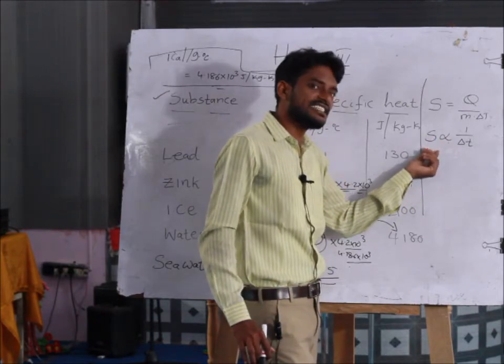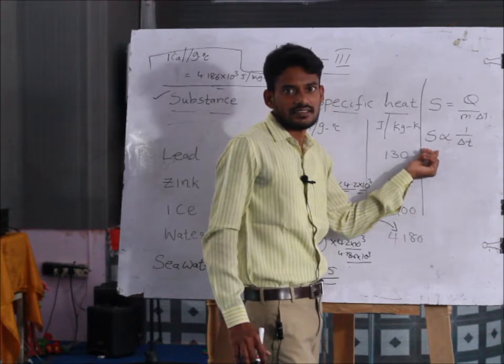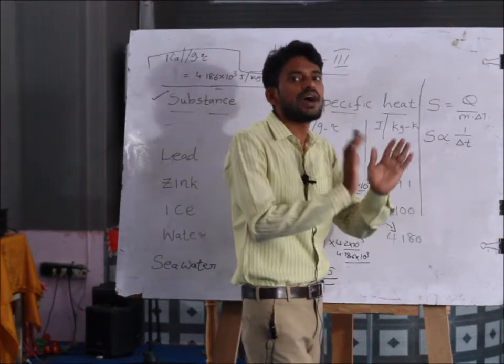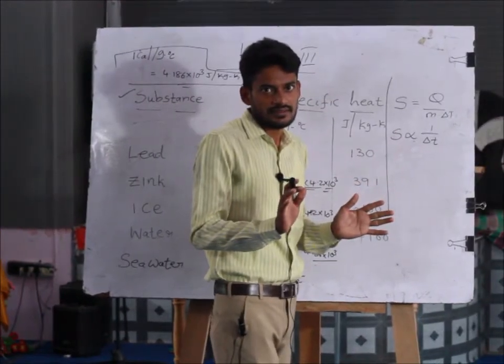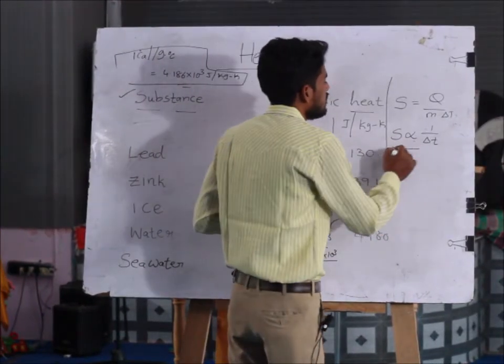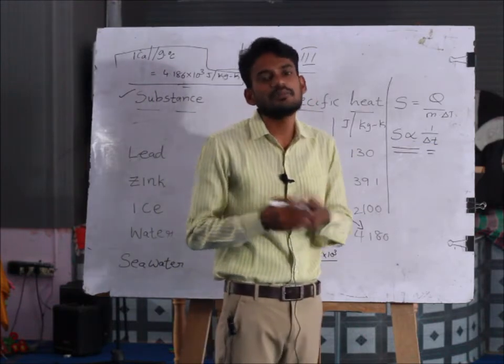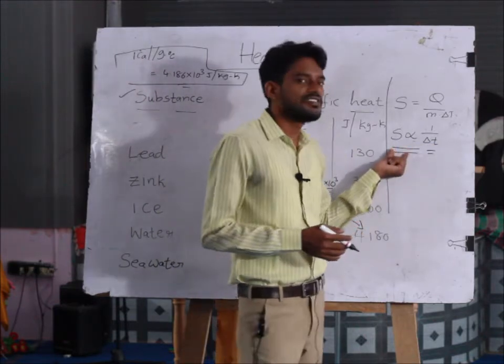When specific heat is low, the rise or fall of temperature is too high. That's the concept of specific heat. You have to understand the reluctance of changing its temperature. Simply you can say specific heat.